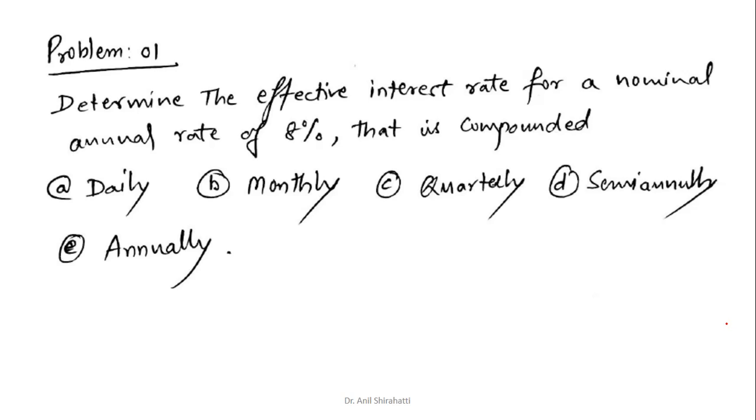If a person says 8% and puts a star, and says in one case compounding is done quarterly, in other cases monthly, daily or semi-annually, what will be the actual interest rate we have to find? That is nothing but the effective interest rate we want to know.